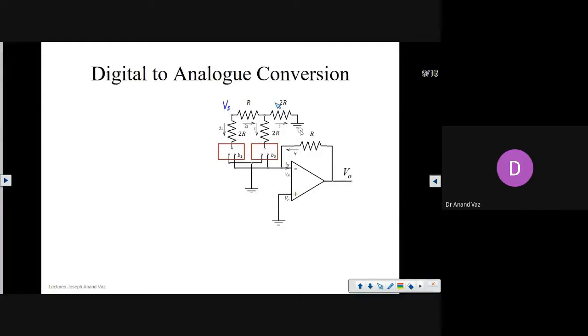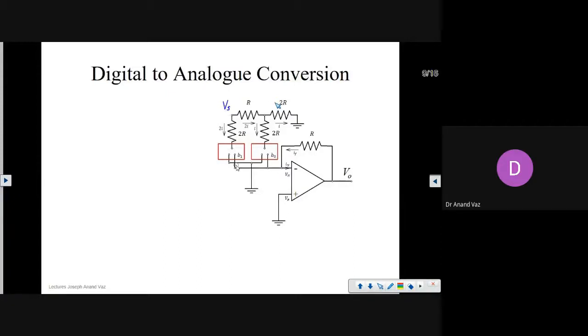So you can see by the same logic, the equivalent of these two resistances is R. R and it goes in series with this R. So you have R and an R in series. That is 2R. And you have 2R and 2R in parallel again. So again you see that this is connected to this point.